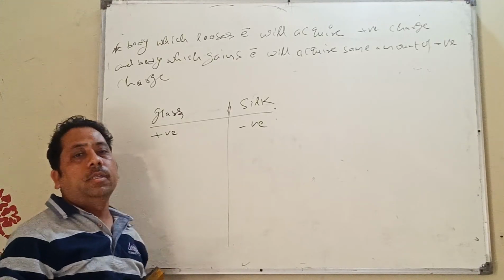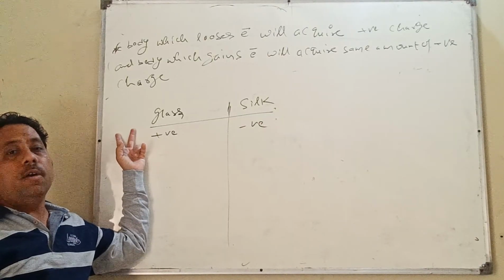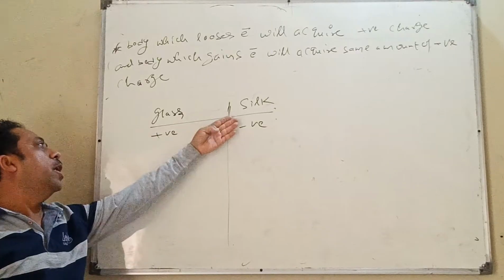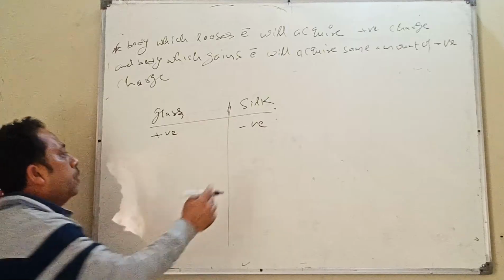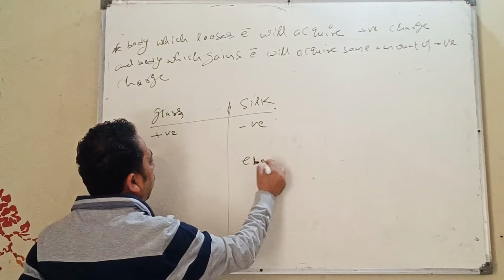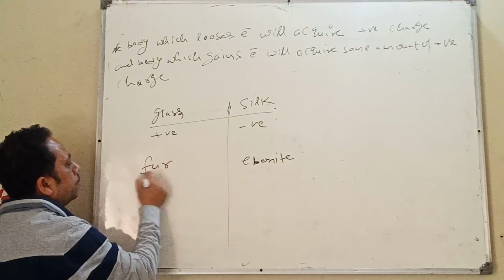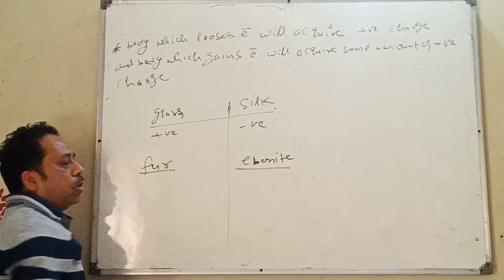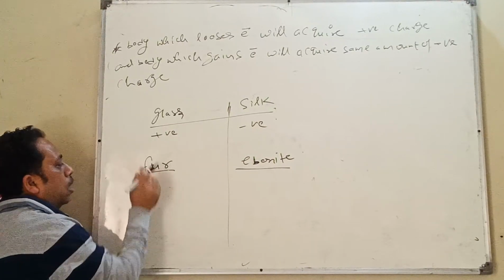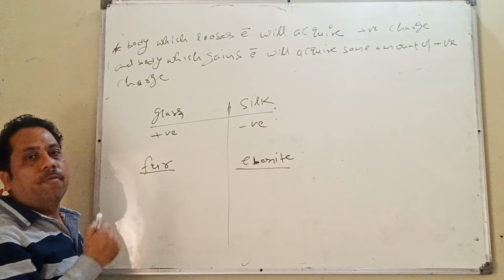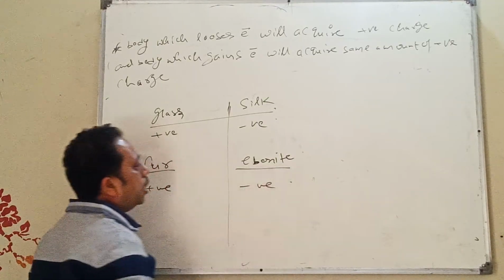Since glass has the lower work function, it loses electrons, and silk, at higher work function, gains the electrons. The same happens with an ebonite rod when rubbed against fur. Fur is soft wool, and the teddy bear is made of that fur only. So fur becomes positive and the ebonite rod becomes negative.